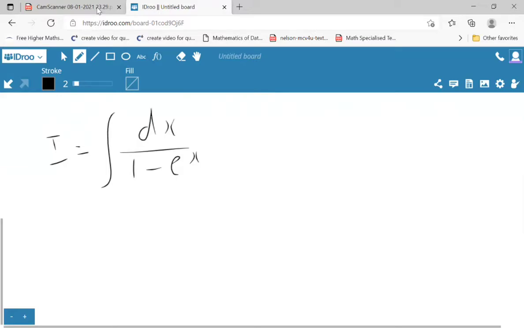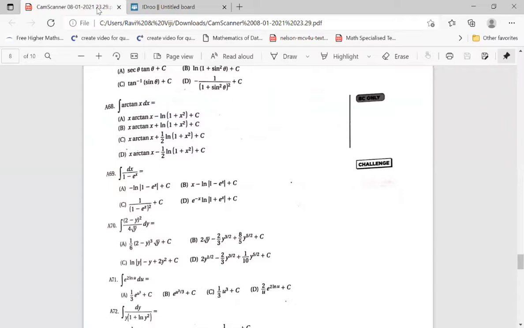It's given as 1 minus e to the power of x. So let's see which method we can solve this with.